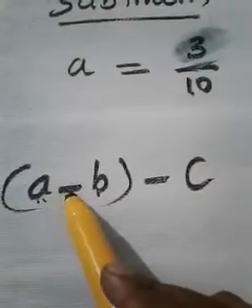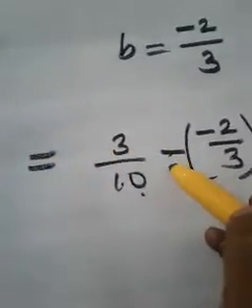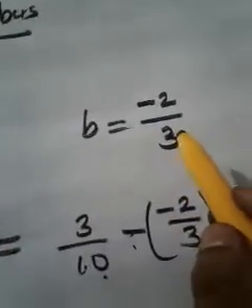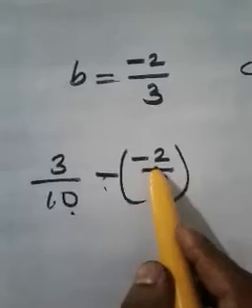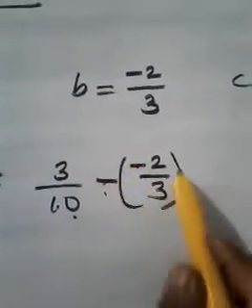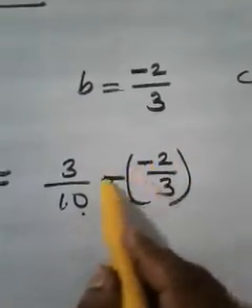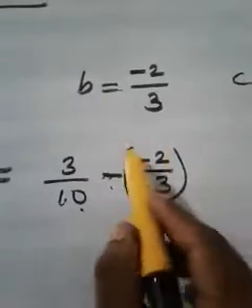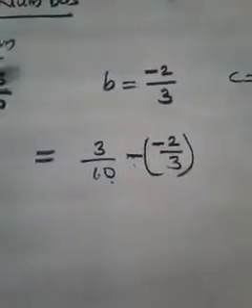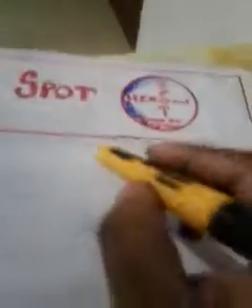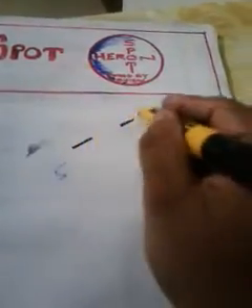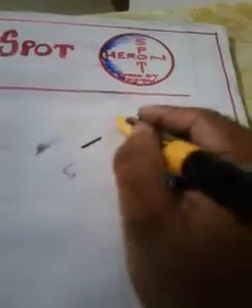And which is the very next sign? Minus. Then what I have to write? B. What is B? B is minus 2 by 3. So when I am writing minus 2 by 3, this minus and this minus are coming together. In order to separate these two minuses, just for that reason only, I give a bracket here. For example, if you want to write minus minus 2, in order to separate both minuses, let me give a bracket.